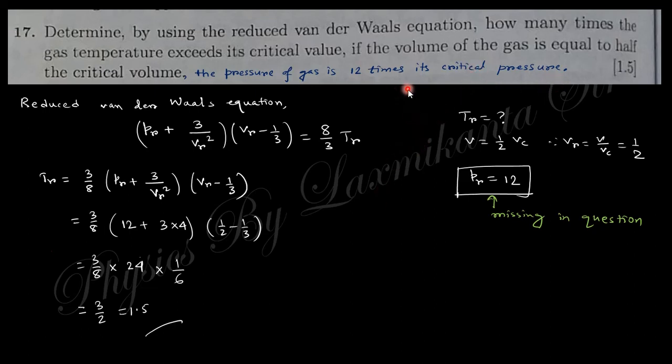This question is also given in the Garbanzel-Ghose, but this term is missing. Without this PR, we cannot find the answer. So PR, the reduced pressure, is 12 and reduced volume is this. So using this van der Waals reduced equation, using this value of PR and VR, you can find TR, the reduced temperature.